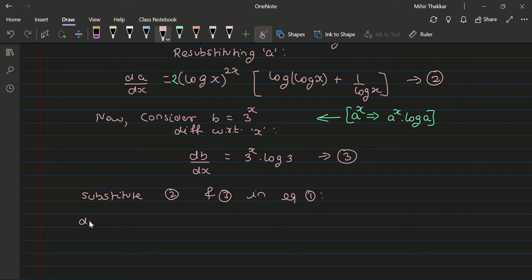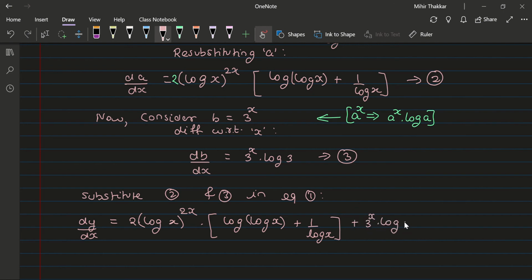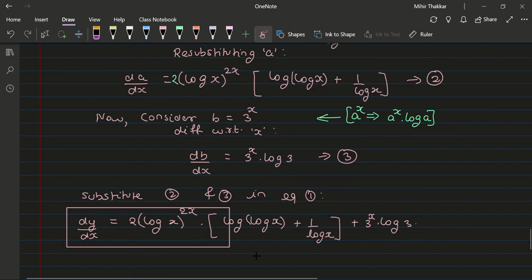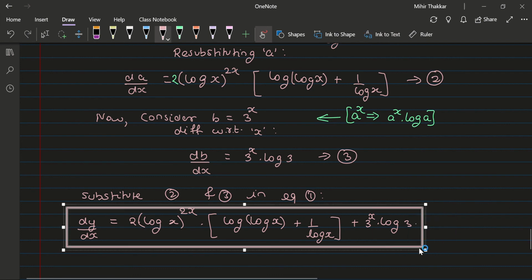So I get the answer for dy by dx is equal to 2 into (log x) to the power 2x multiplied by log of log x plus 1 upon log x, plus 3 raised to x into log 3. So that is your answer for the derivative of y which is given to us in the question.